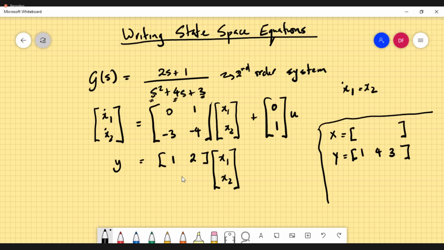The coefficients of your numerator are going to be 0, 2, and 1. Then you write G is equal to transfer function XY, and it is supposed to write our equation as is here.